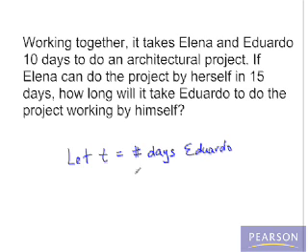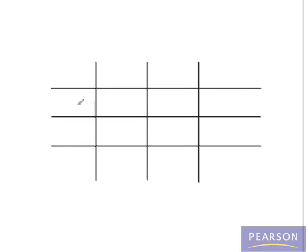where Eduardo works alone. And we're going to complete a table helping us to organize the information given within the problem. So with our table, we'll let the first row be Elena, and we'll let the second row be Eduardo.